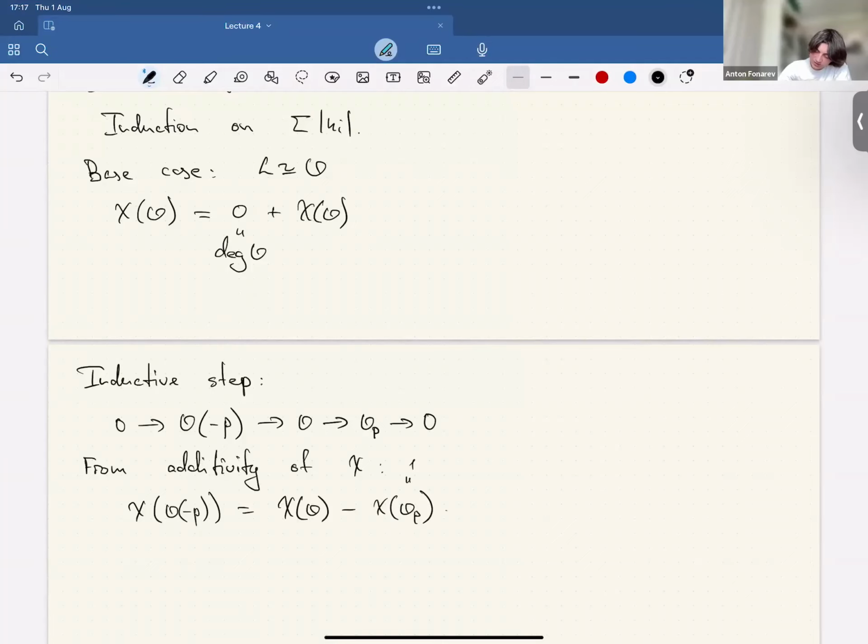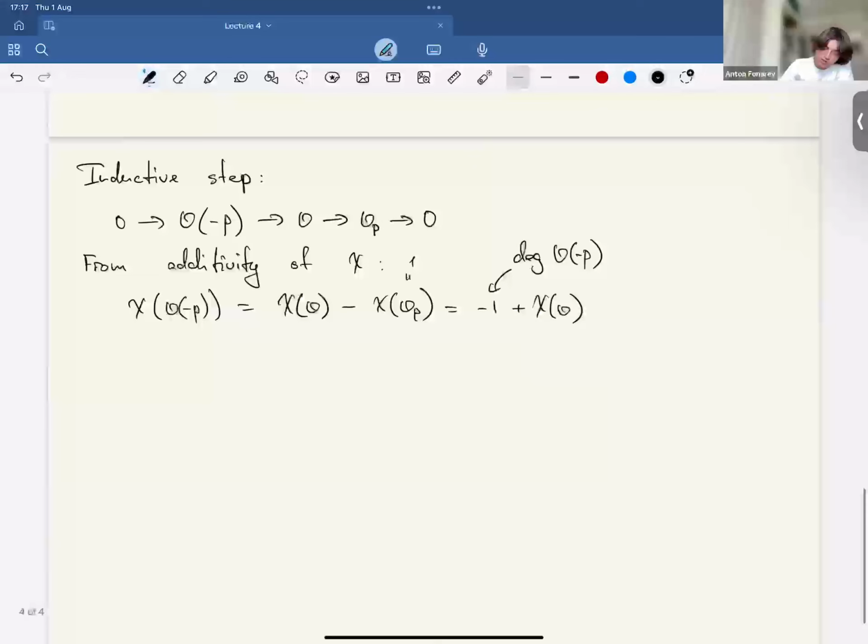This is 1. So it all equals -1 plus chi of O. And this is specifically the degree of O of minus P, because it is just the ideal sheaf of your point.